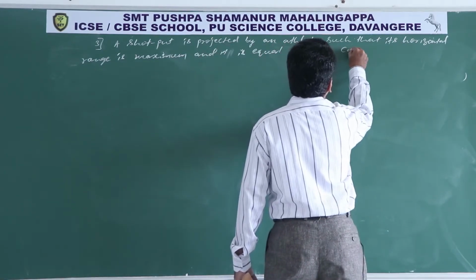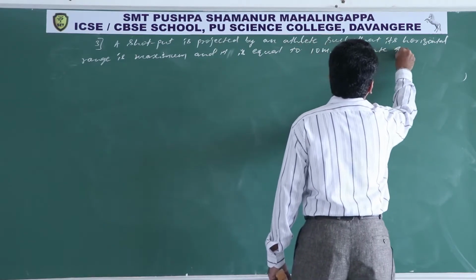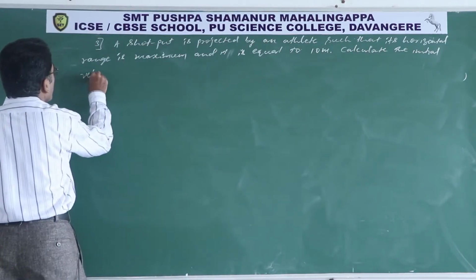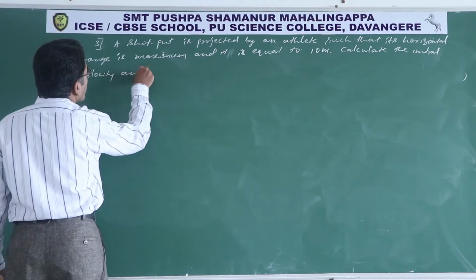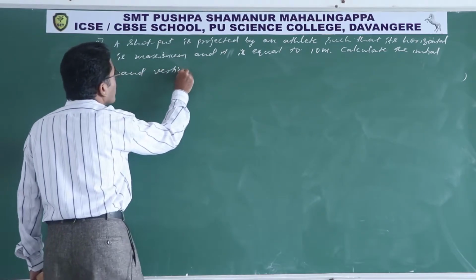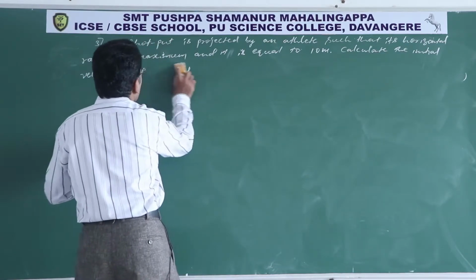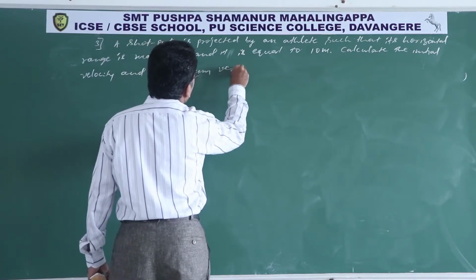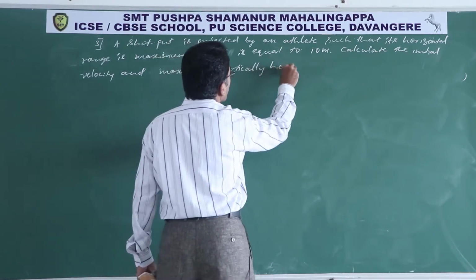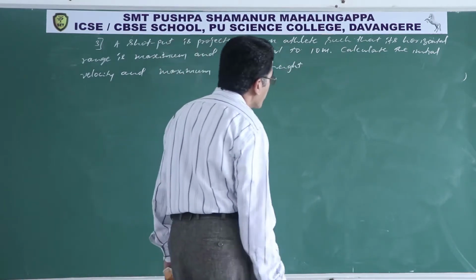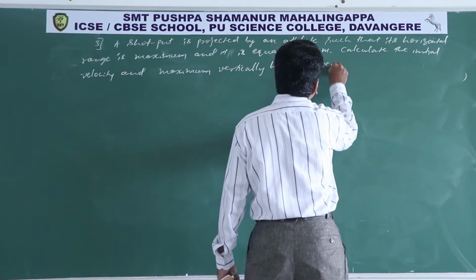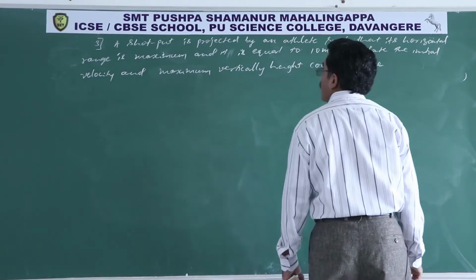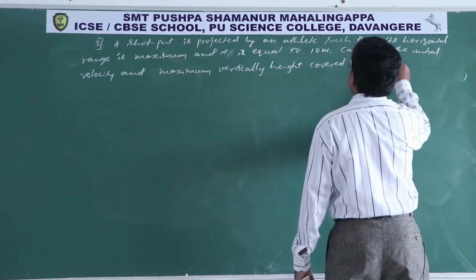Calculate the initial velocity and maximum vertical height covered by the shot put.